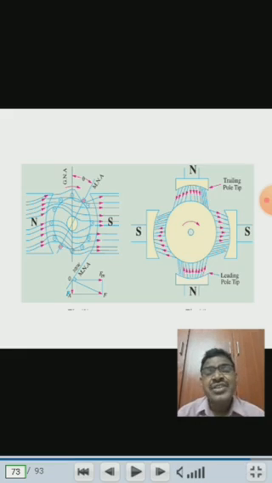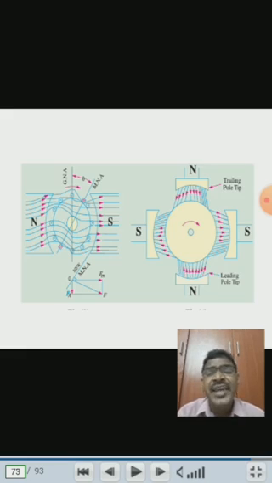These two MMF vectors, OFM produced by the field magnets and OFA produced by the armature magnetic flux, are vectorially added so that we get the resultant vector OF, shown in the diagram. Always this resultant MMF is perpendicular to the magnetic neutral axis. Due to this resultant, the magnetic neutral axis is shifted by the angle theta with reference to the geometrical neutral axis.